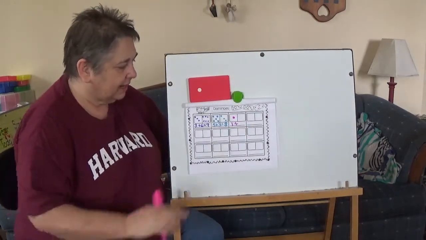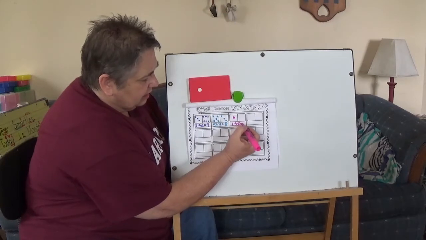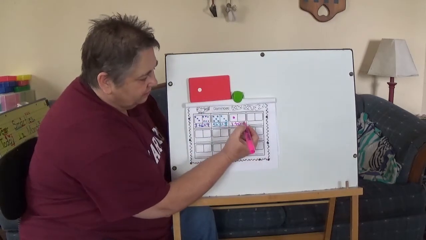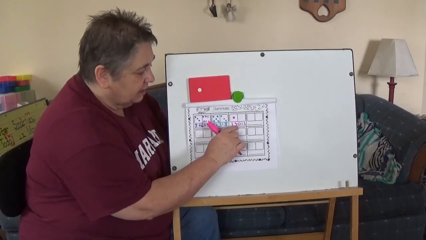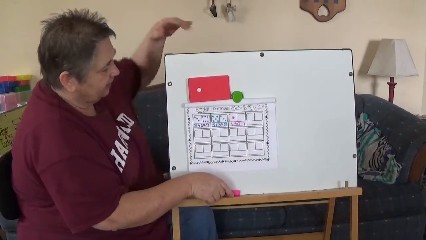And we're going to add how much to it? 0. And that is equal to, how many's there? Just 1. So we would read our equation, 1 plus 0 is equal to 1.